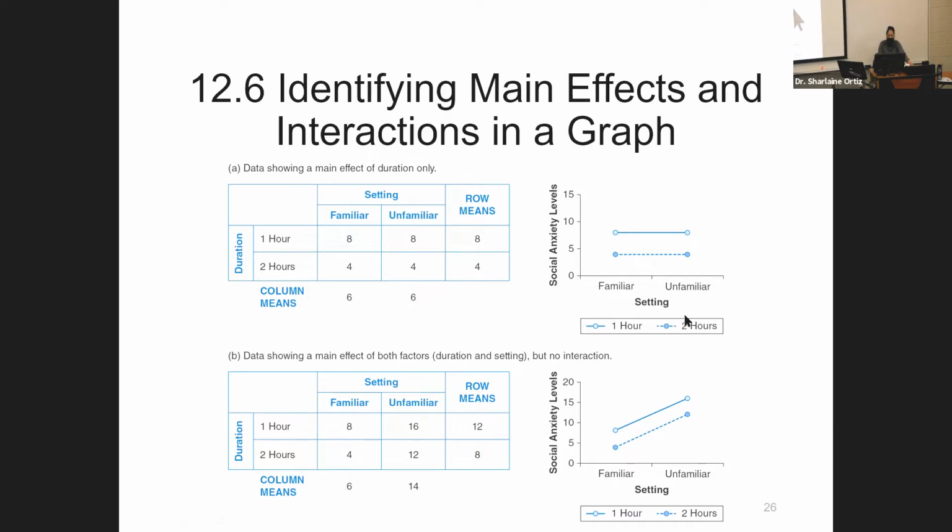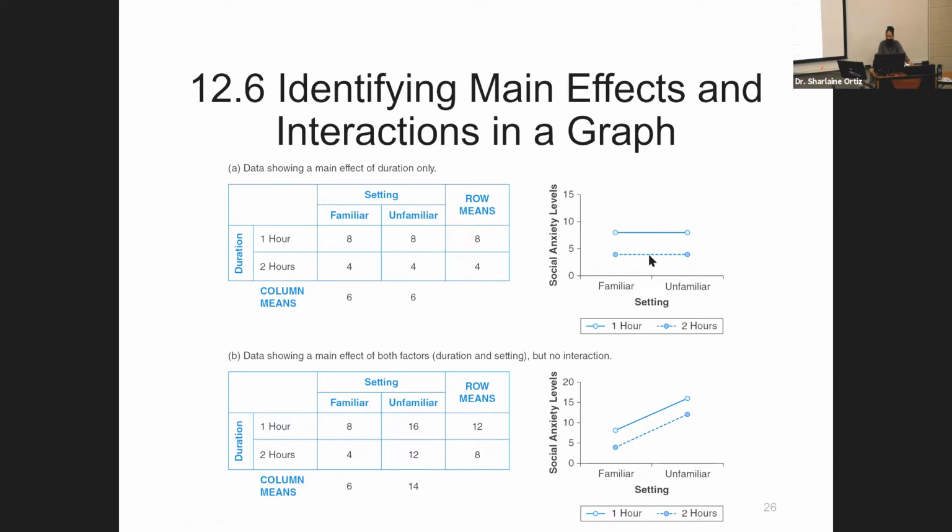In this specific regard, that group of individuals reported an anxiety score of 4 in a familiar setting when they were there for 2 hours. If we revert back to our setting, we have an unfamiliar setting, but now that individual has to remain there for 2 hours. Notice that the reported social anxiety level was a 4.